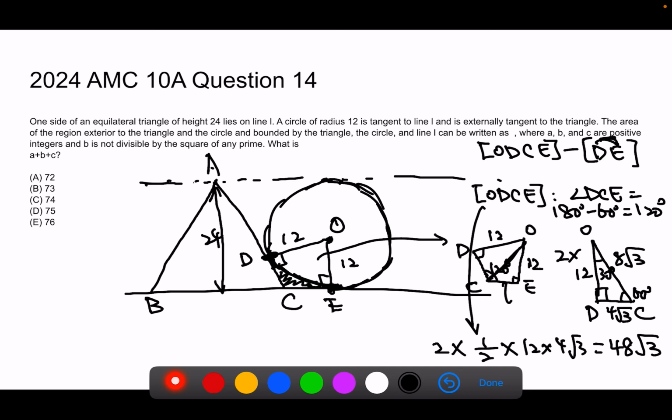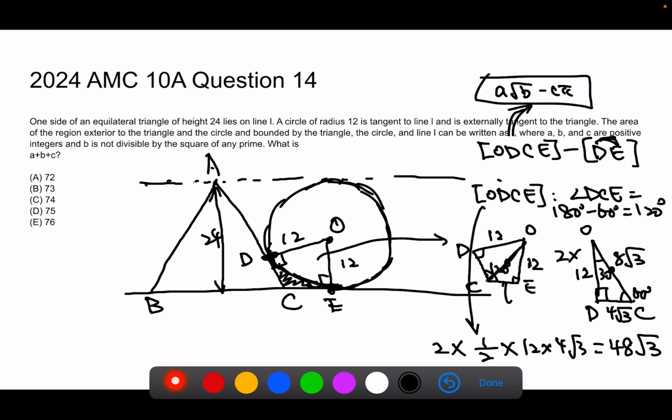A root B minus C pi. Sorry, my slide was missing this A root B minus C pi part. Now you get it. So the A root B part is 48 times root 3. And now you need to figure out the C pi part. What is C pi then?